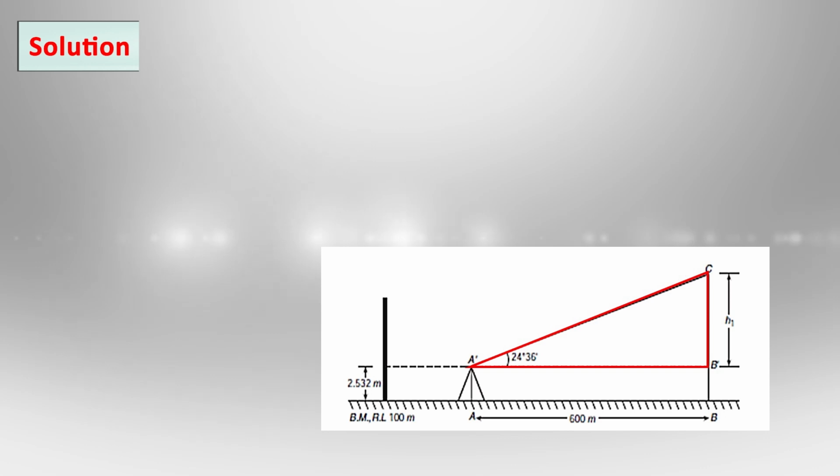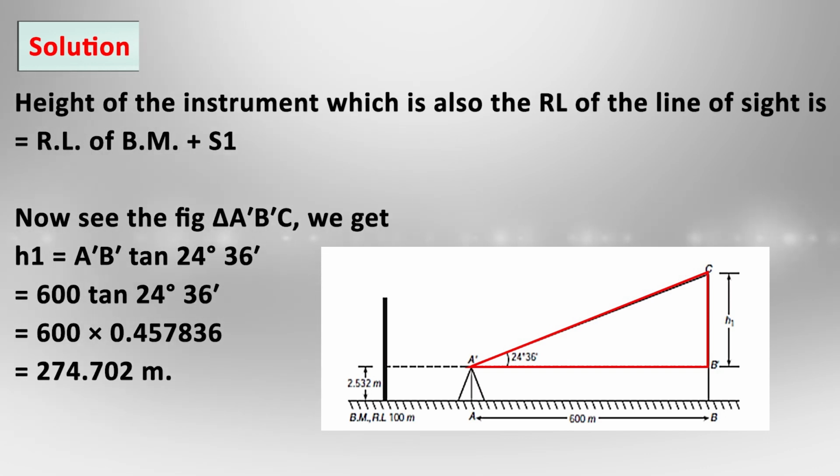It is always suggested to draw a sketch of the given situation, and we can see from the figure that the angle 24 degree 36 minutes is measured above the line of sight. So to get the RL of point C, the first thing we have to do is to find the height of instrument, to find the level of the line of sight, and to that we will add the H1, that is the value above the line of sight.